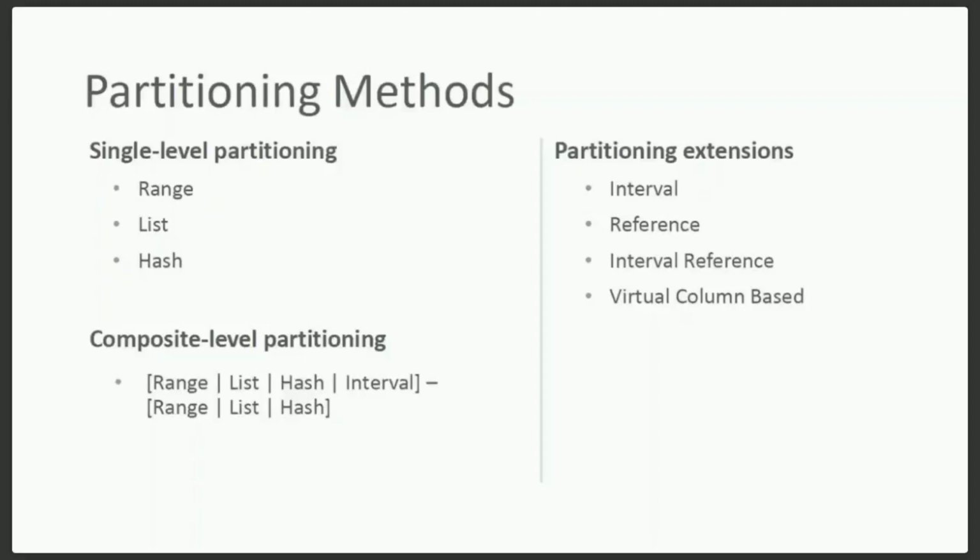So maybe you partition the table first by range, and then sub-partition it by list. There are lots of extensions to partitioning, as we will see: partitioning on virtual columns, reference partitioning, interval partitioning. Every successive version of Oracle has introduced new partitioning features, and that's what we're going to see in the course of this presentation.